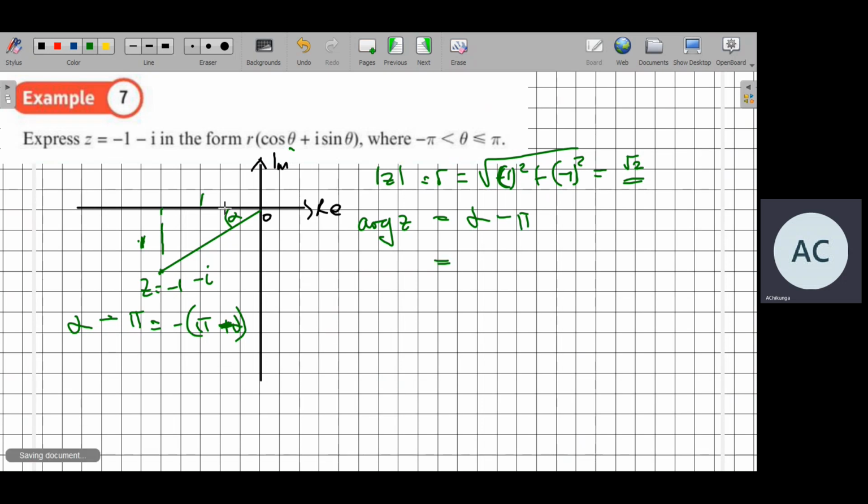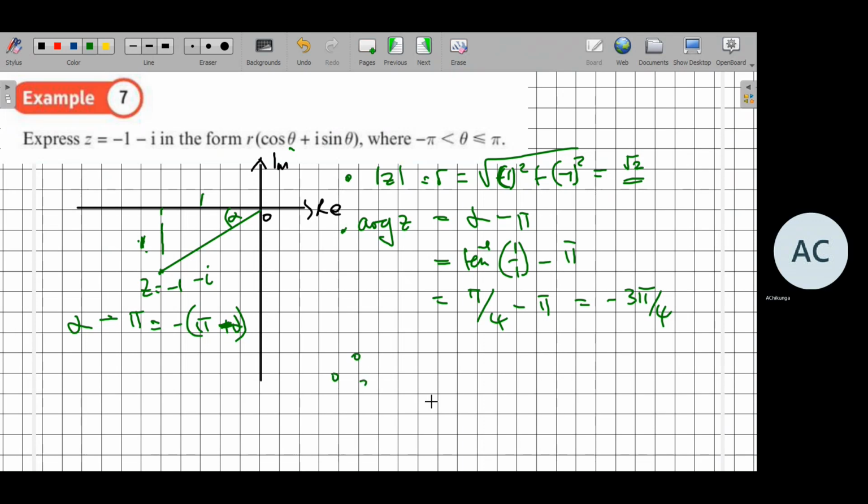But now, how do we find alpha? Alpha is tan of this triangle, which is y over x. So alpha is tan inverse of 1 over 1, minus pi. You get that? That's a special angle, pi over 4 minus pi. So the answer is minus 3 pi over 4. You get that? So these are the 2 points.